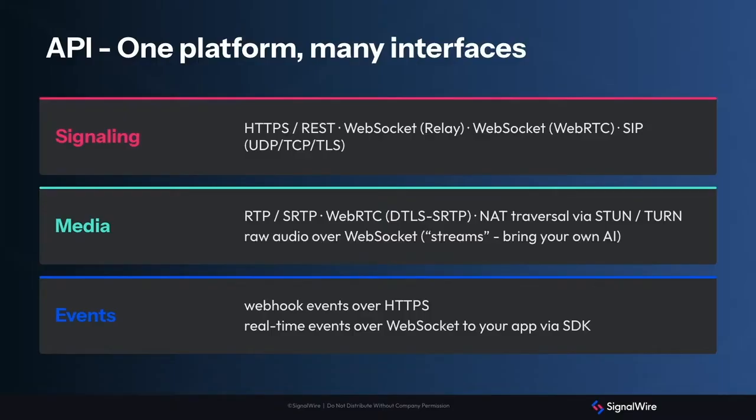And in addition to this, there's also the ability to just connect a WebSocket and make raw audio flow in both directions. This is also a way somebody could bring their own AI, because once they have the ability to connect a stream to whatever implementation of AI they have, the interaction with the system is just connecting one WebSocket to it and exchanging audio.